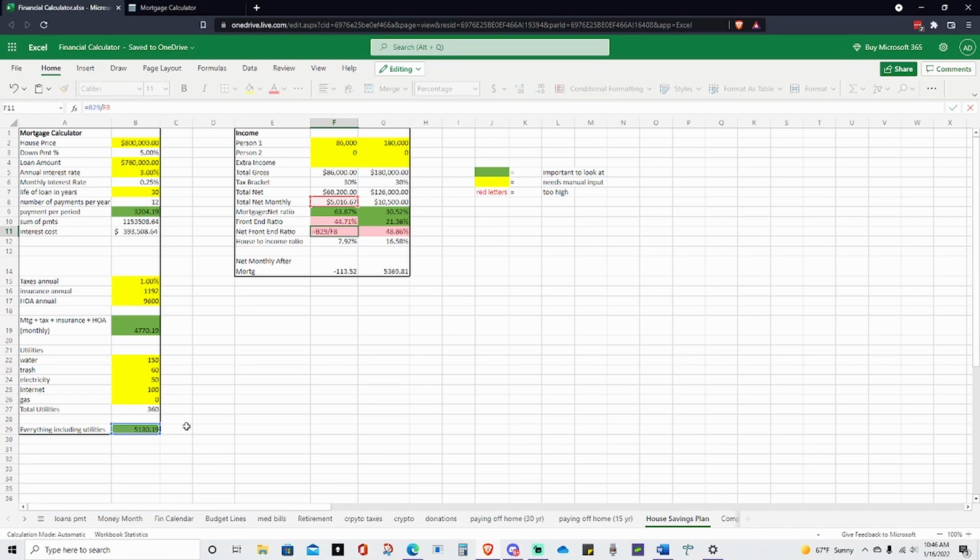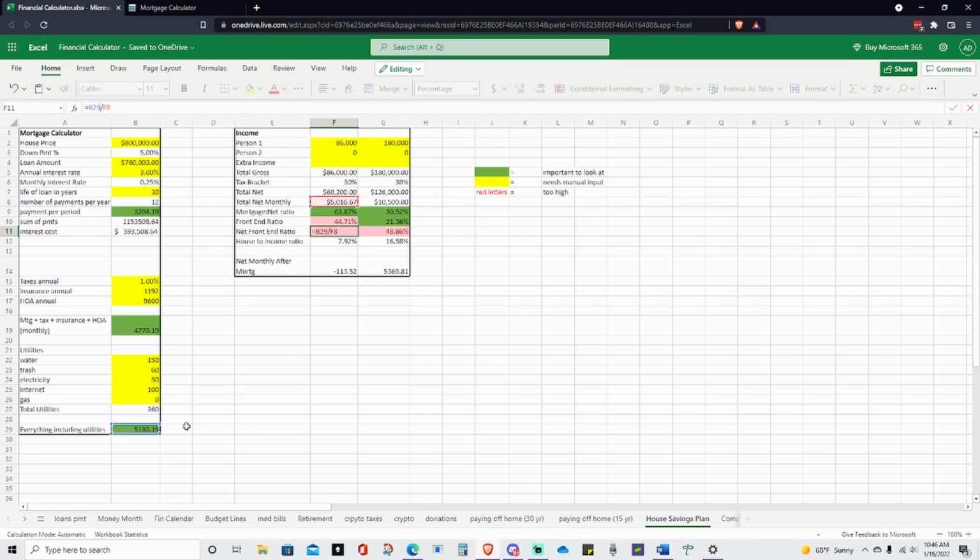It's going to include HOA, tax, insurance, PMI, the monthly mortgage payment, the utilities, everything that has to do with the home, even the upkeep, the maintenance. And it's going to divide that by your net monthly income. That's the net front end ratio, and this is the ultimate ratio everyone should be using.